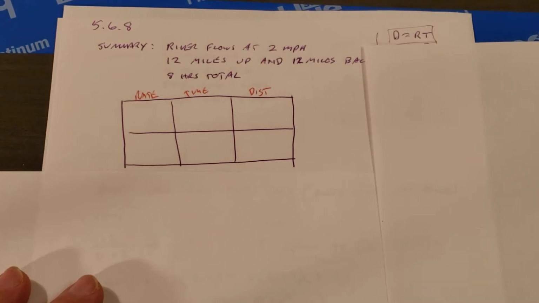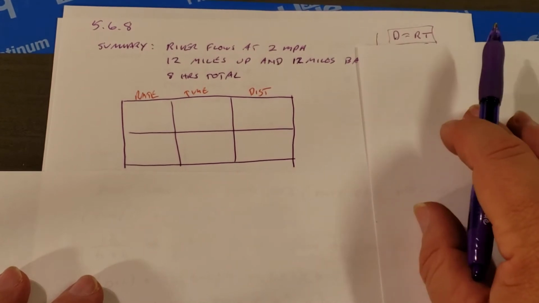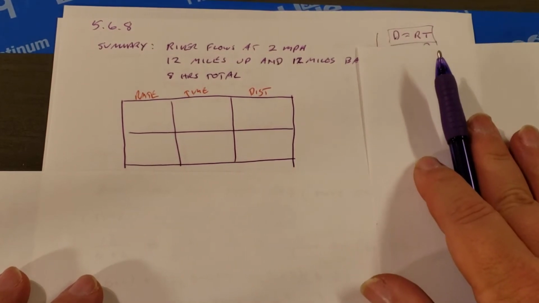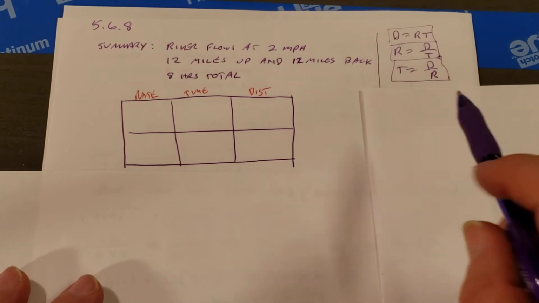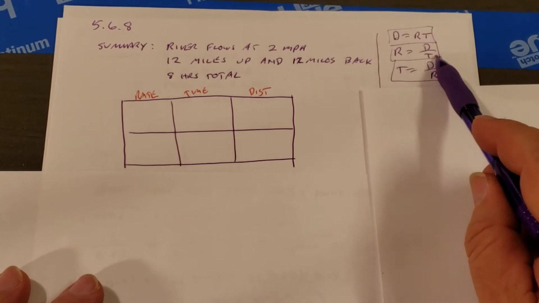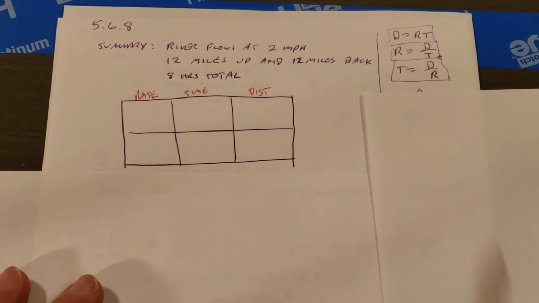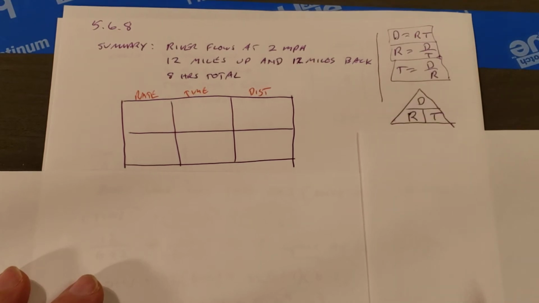I told you you're going to need to be familiar with this formula, distance equals rate times time, but it has 2 other formulas. Rate equals distance divided by time. If this is true, this has to be true. And then time equals distance divided by rate. How do I memorize all 3 of those formulas? With this little device here.